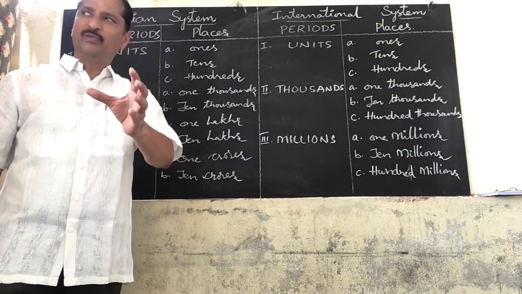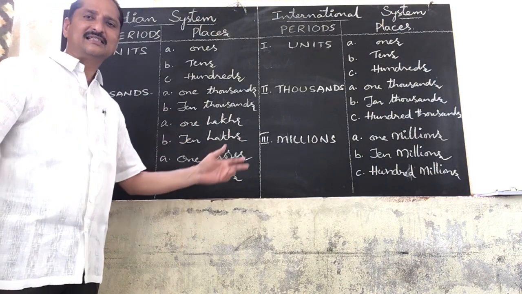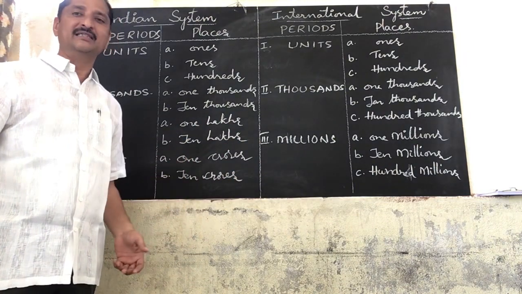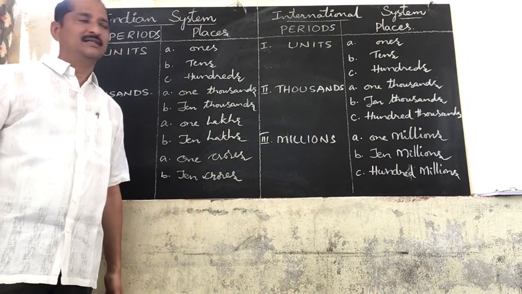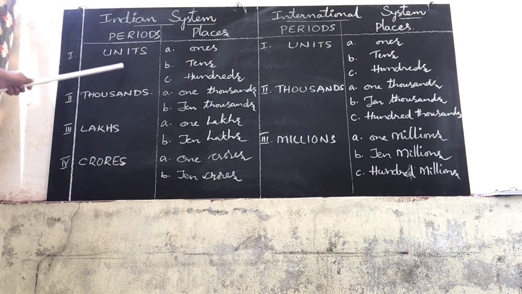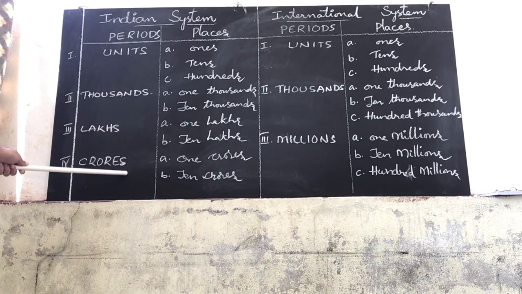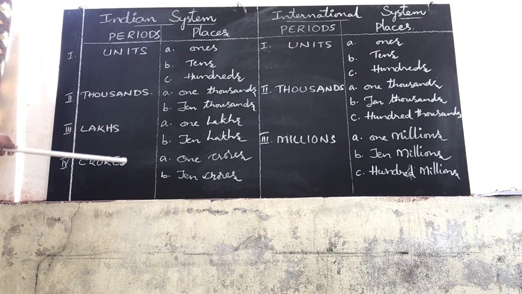Now once again I will briefly conclude this session on the Indian and international systems: how to divide, what the periods are, and how you can remember them. We can remember like this: units period, next greater than units period, thousands period, next greater than thousands period, lakhs period, next greater than lakhs period, crores period. Units, thousands, lakhs, crores.